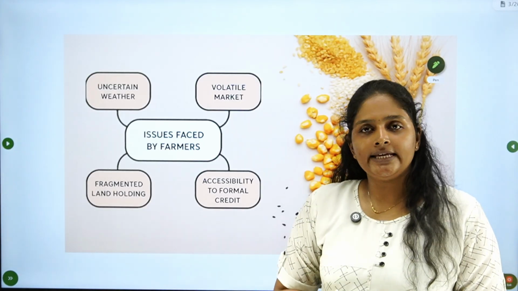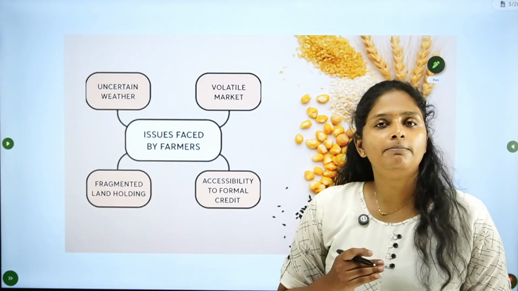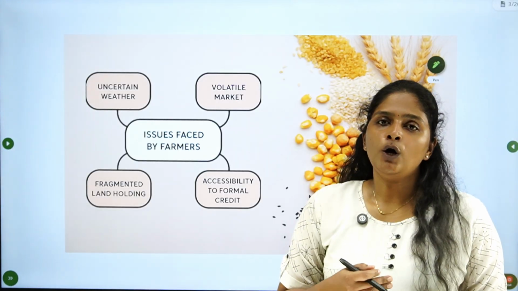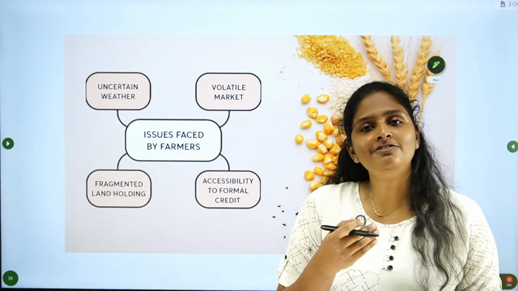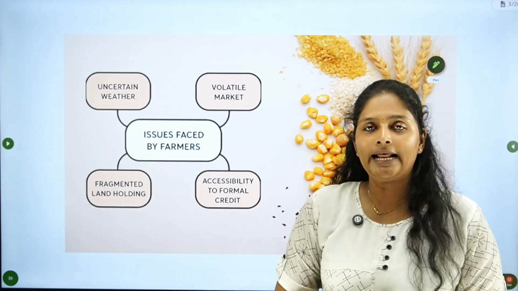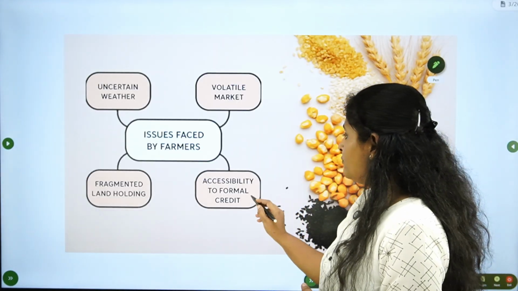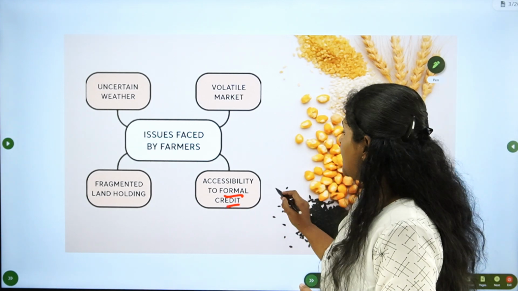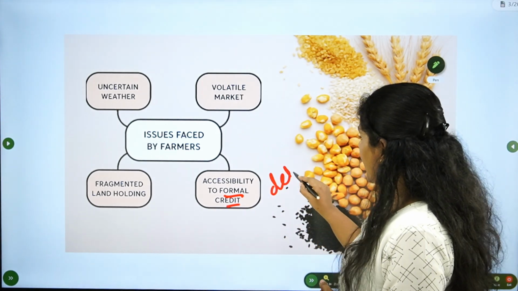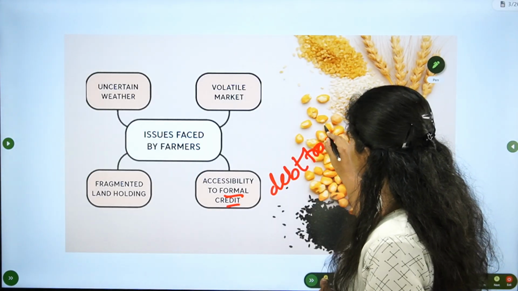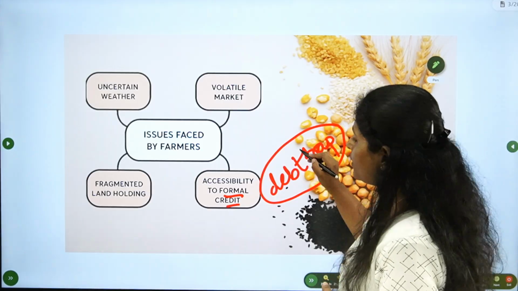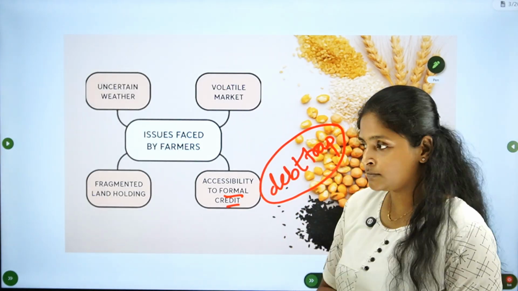Mostly in rural areas, there will be some money lenders from whom the farmers borrow, and that will finally lead to a debt trap. Lack of a formal credit system leads to a debt trap for farmers, and this is one of the major reasons for farmer suicides.